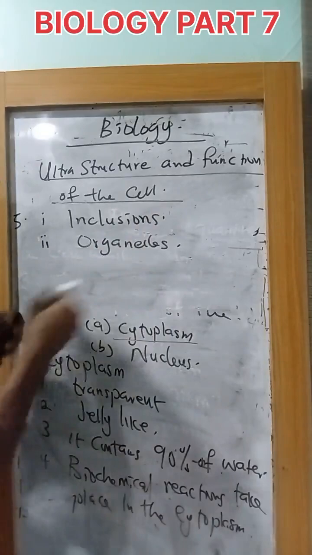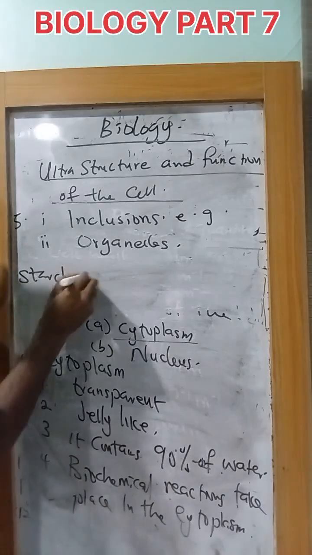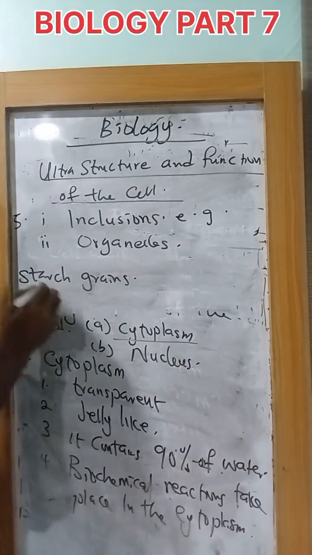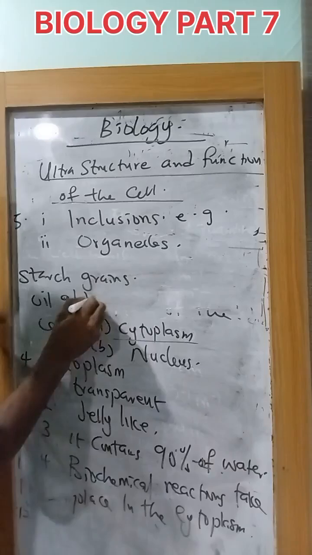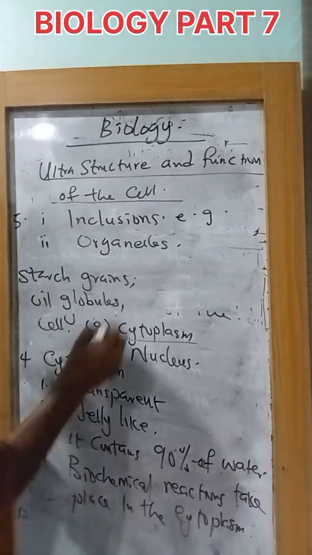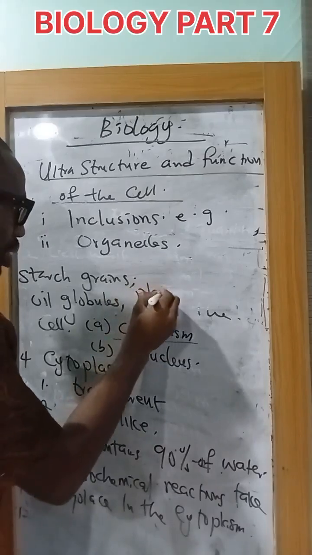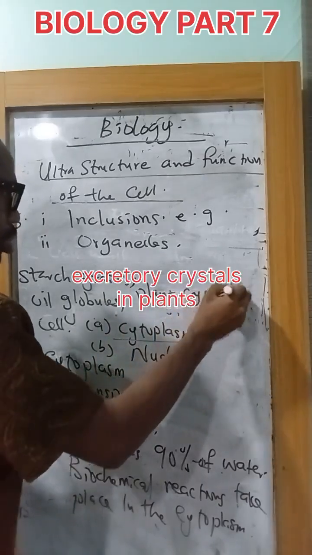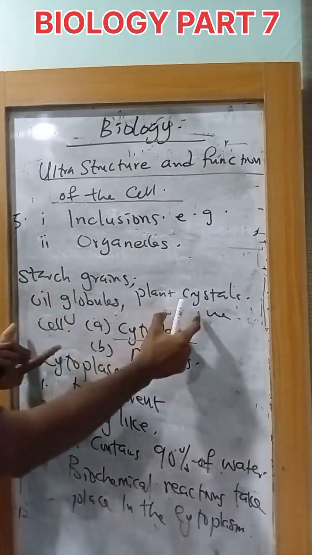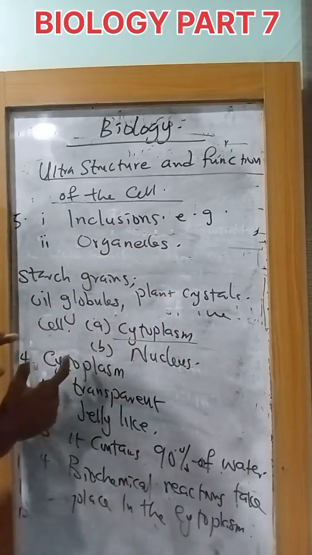What are inclusions? Examples of inclusions include starch grains, oil globules, and we can even look at plant crystals. These are examples of what we call inclusions. They are found inside of the cytoplasm.